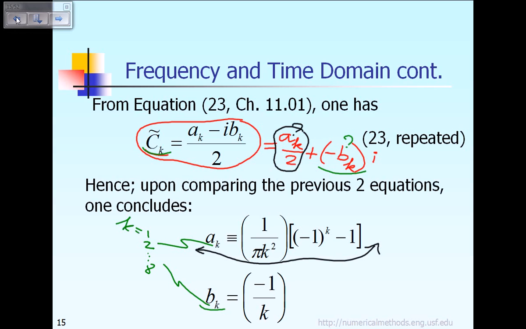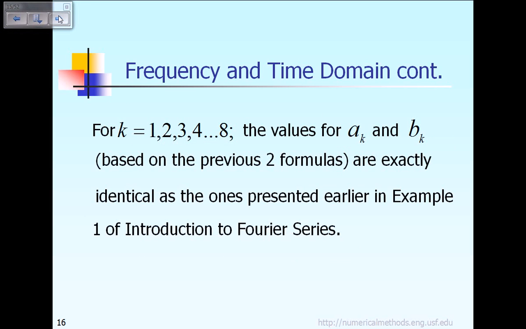So, for example, when you let k equal to 1, then we can calculate a sub 1. If you let k equal to 2 everywhere in this formula, then we can calculate a sub 2. By doing that, you can calculate all of the values of a sub k, where k goes from 1 all the way to 8.